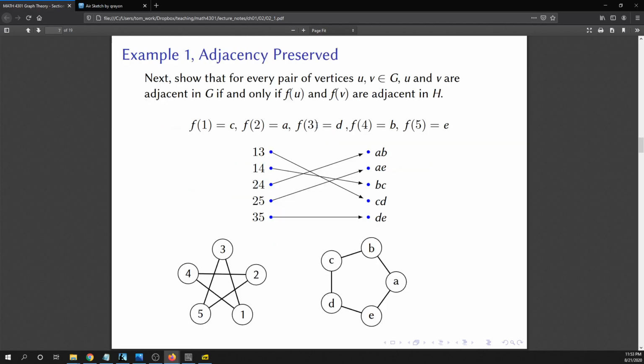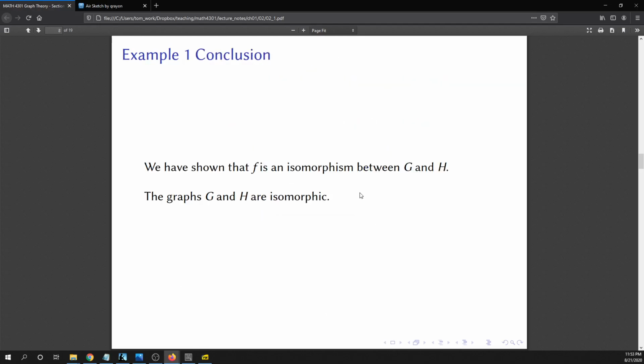And that's what you need to be looking for. If you get a bijection, then you're going to have an isomorphism. If you don't get a bijection here, then you do not have a graph isomorphism.